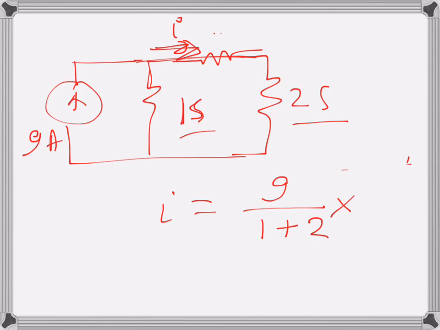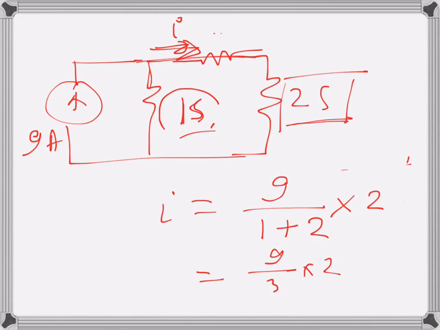If it were resistance, I would have multiplied with the other branch's resistance, but since it is conductance, I will multiply with this one, which is 2 S, the conductance of the same branch. So this is 9 over 3 times 2, which is 6 amps.